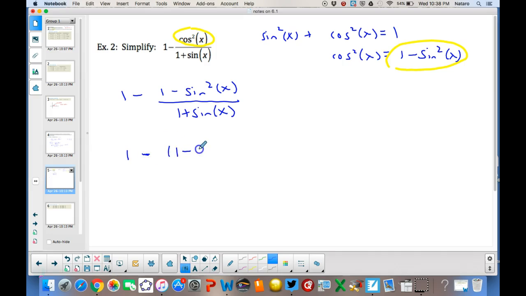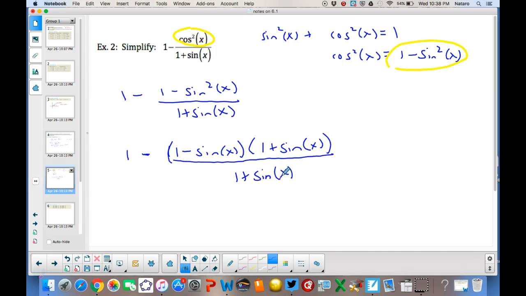We'd have 1 minus sine of x and then 1 plus sine of x, all over our denominator of 1 plus sine of x. And then, oh wait, these cancel.